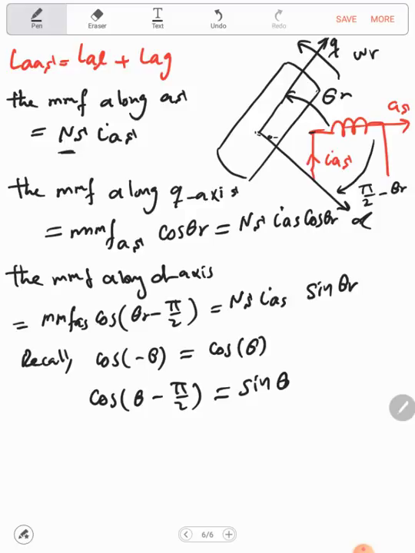Now let's track the flux along the q-axis.